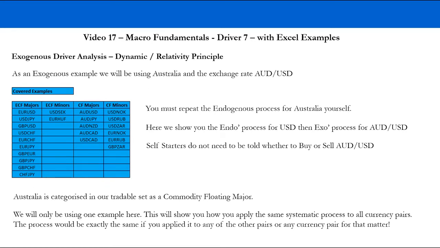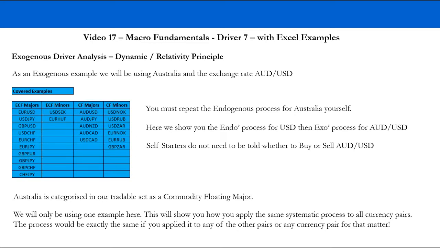Now, as an exogenous example, what we're going to be doing is using Australia and the exchange rate of the Aussie dollar, so the Australian dollar against the US dollar. And what you have to do is repeat the endogenous process for Australia yourself.